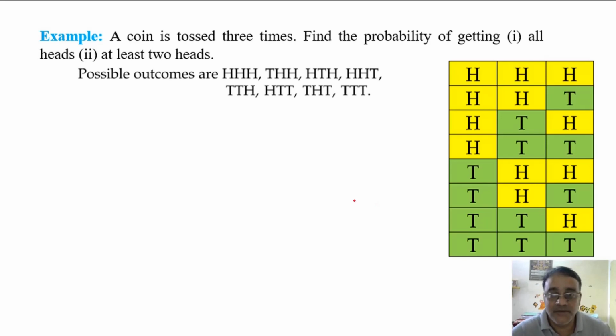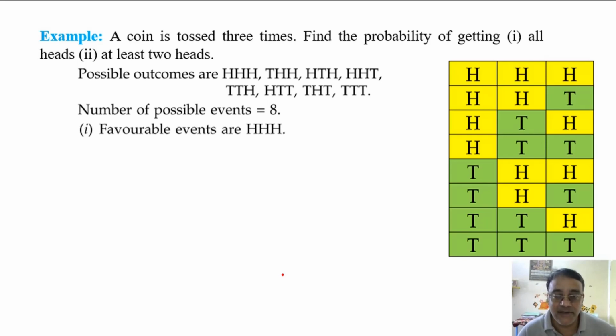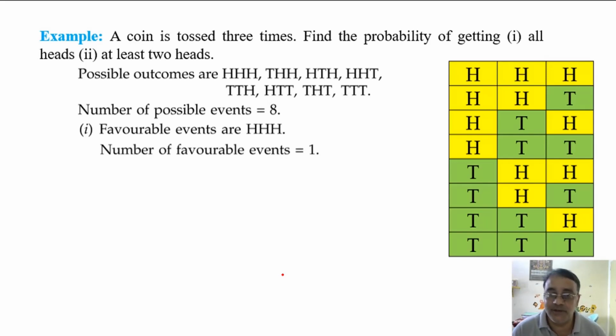The possible outcomes are these 8. All heads, how many times you are getting? One time. Total number of possible events is 8. Now favorable events are H for first one. That is number of favorable events is 1. So what is the probability? 1 by 8.